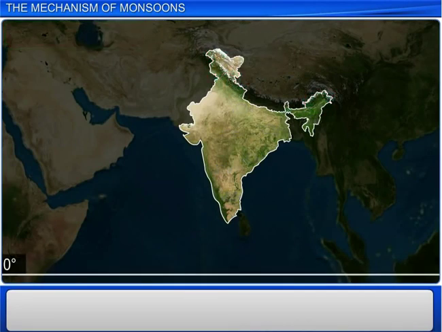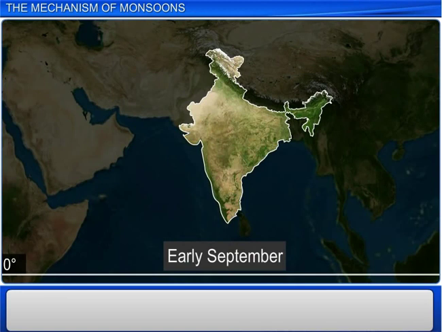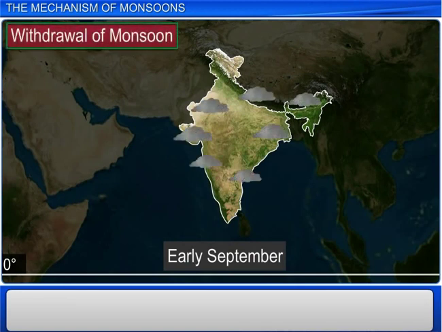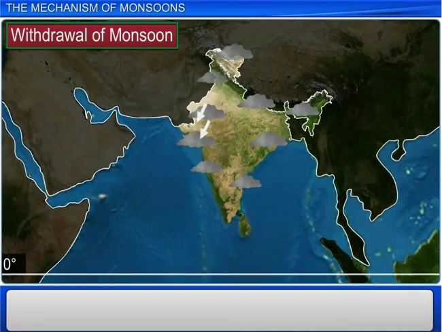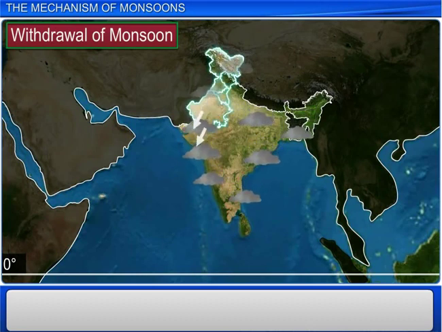By early September, the monsoon starts to withdraw or retreat. Compared to the onset of the monsoon, the retreat is a more gradual process. The withdrawal of the monsoon begins in the northwestern states of India.